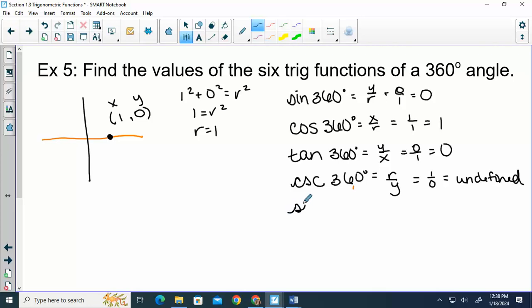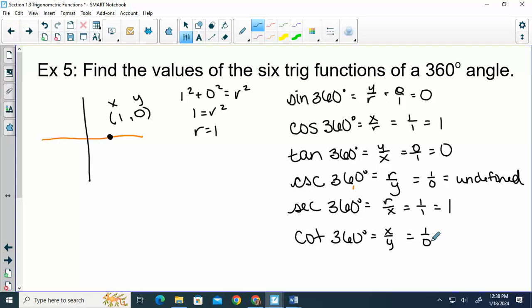Reciprocal of cosine is secant, which is 1. And reciprocal of tangent is cotangent, 1 over 0, which is undefined. All right. Any questions on that?